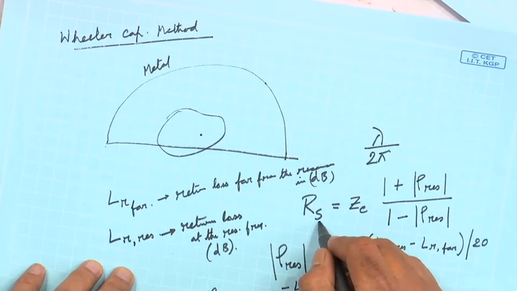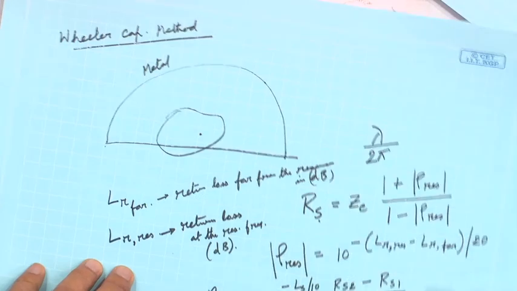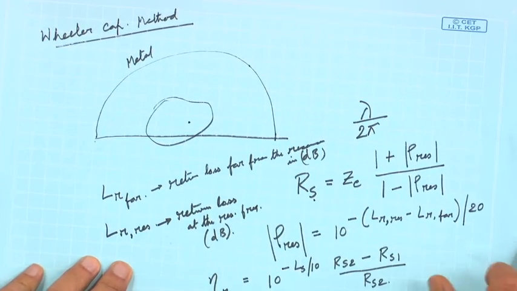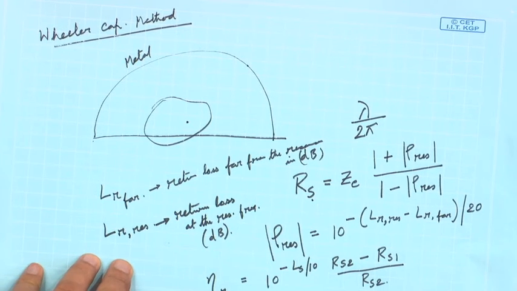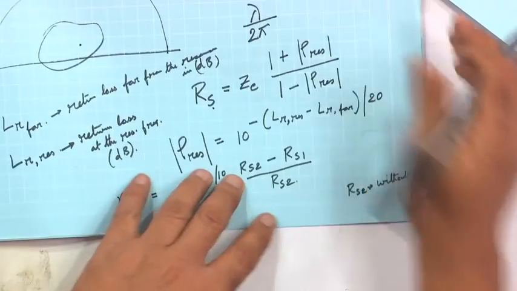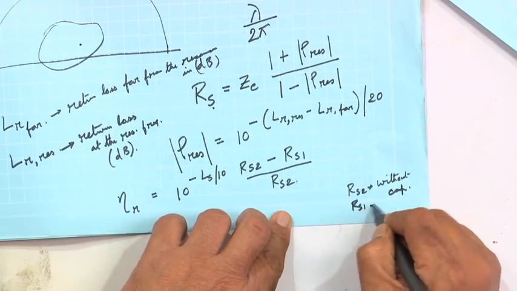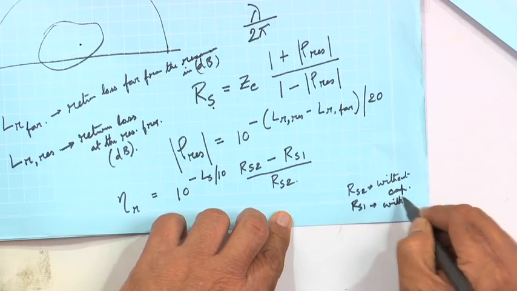I have two Rs because of two measurements. I am doing two experiments, one with the cap and one without the cap. Rs2 is without the cap, and Rs1 is with the cap.